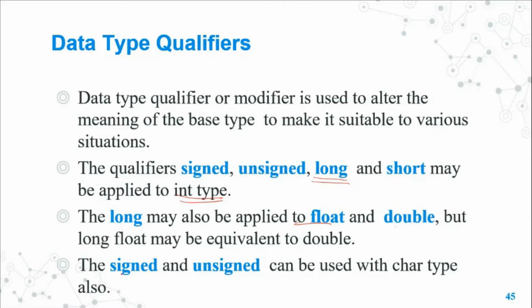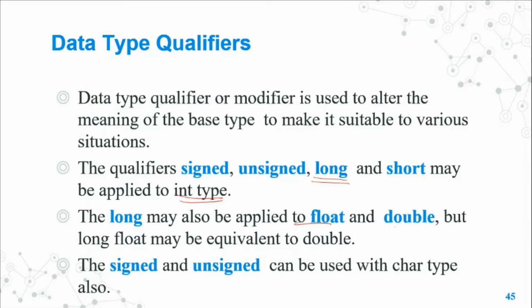Then signed and unsigned can be used with the character type also. The signed char as well as unsigned char is also possible. This is possible with the help of ASCII numbers. We said that each character has an ASCII value assigned to it.